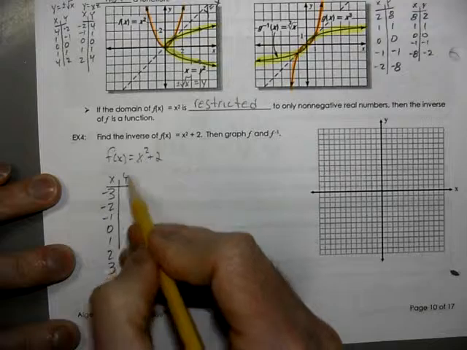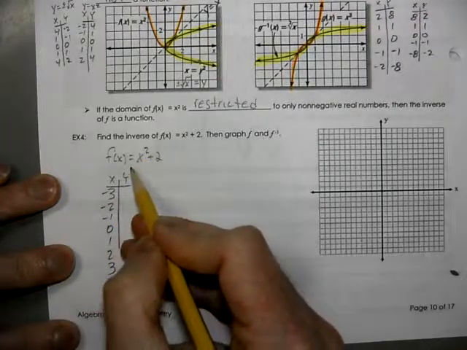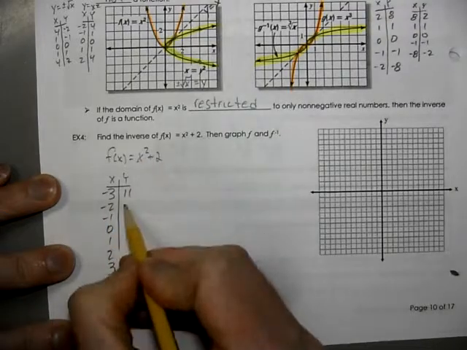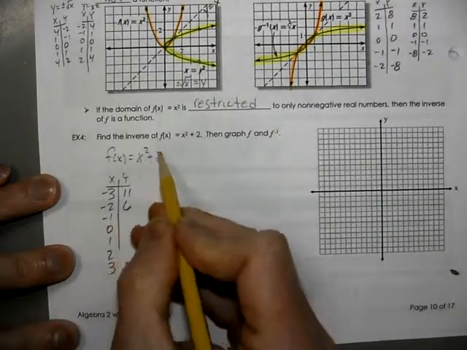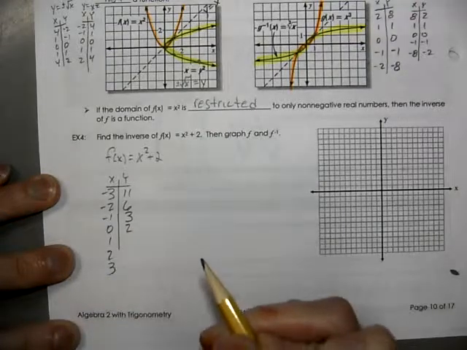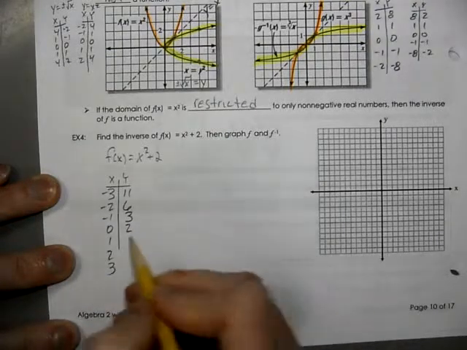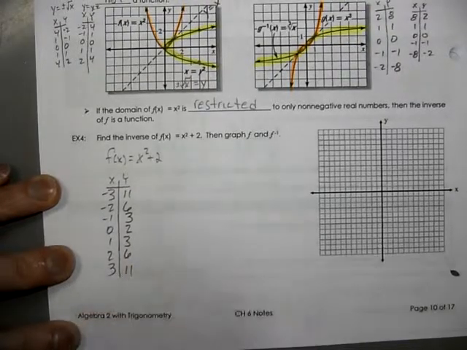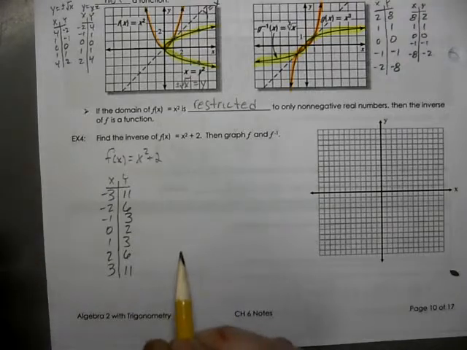So when you plug in a negative 3, you get negative 3 squared, which is positive 9, plus 2 is 11, positive 4 plus 2 is 6, positive 1 plus 2 is 3, square 0 to get 0, and then add 2, and 3, 6, 11. So we could plot those points.